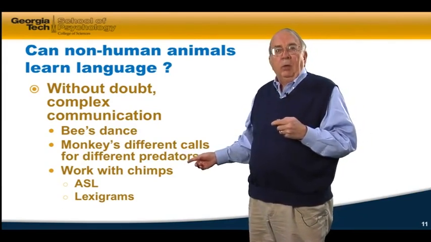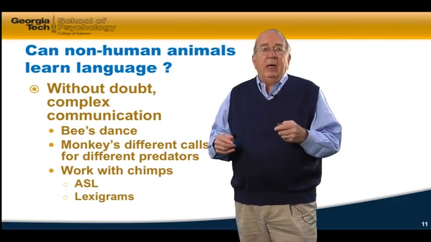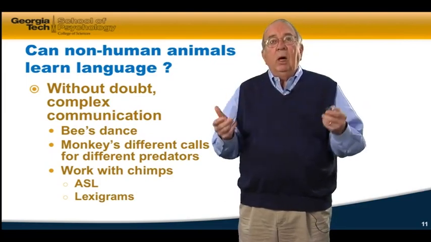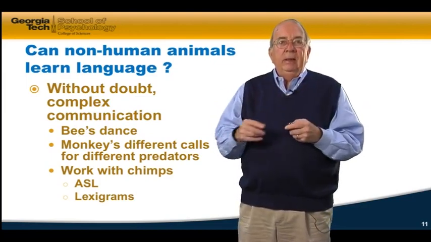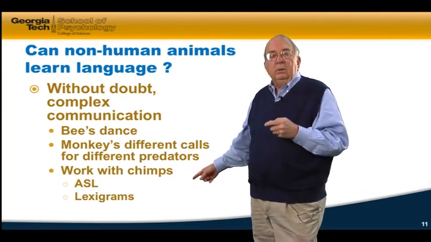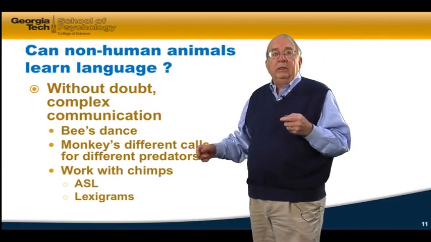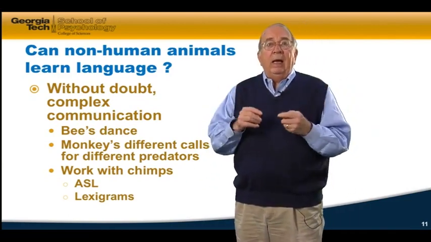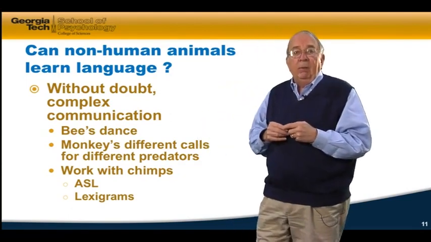Most of the experimental work has been done with chimps. First, psychologists tried to actually live with chimps from when they were infants to see if they could acquire language, but they don't really have the vocal apparatus to do that. Other people used American Sign Language, teaching sign language, and the chimps were able to develop a very large vocabulary of items representing things out in the environment.